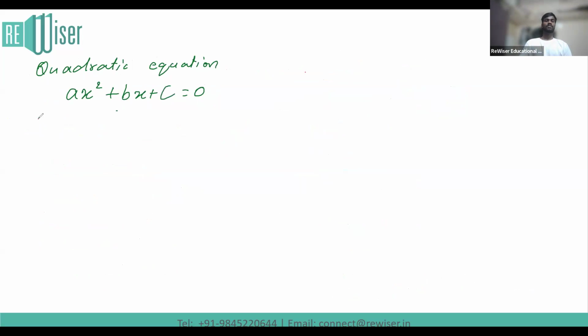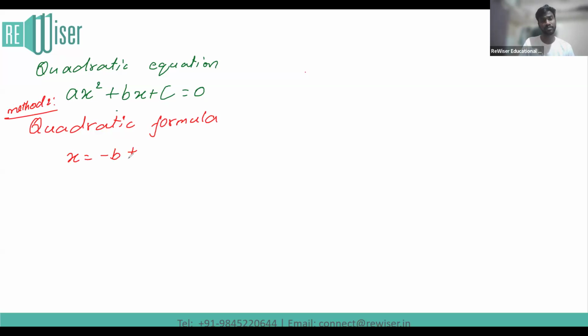The formula, which we call the quadratic formula, would go something like x is equal to minus b plus or minus square root of b squared minus 4ac, divided by 2a.